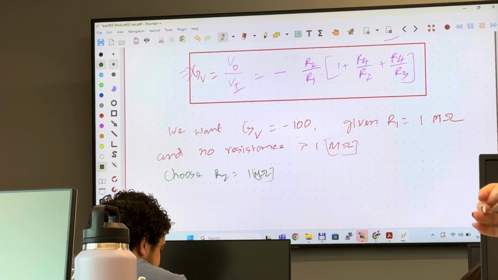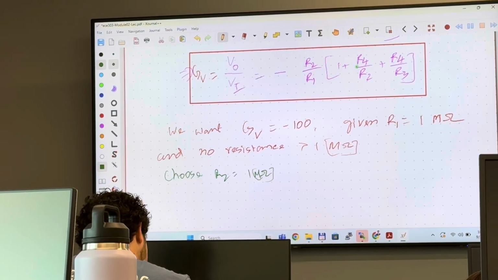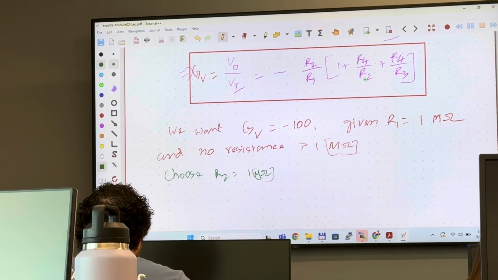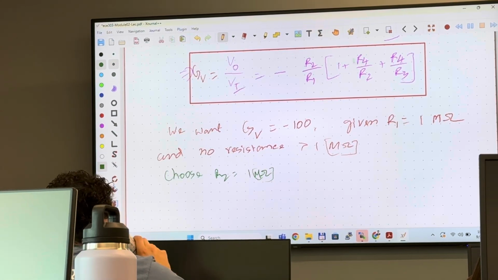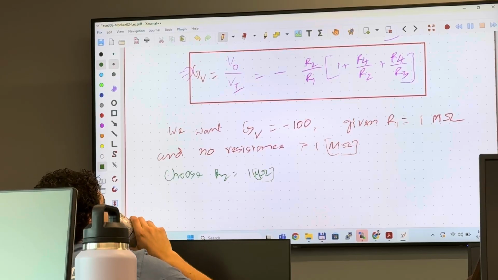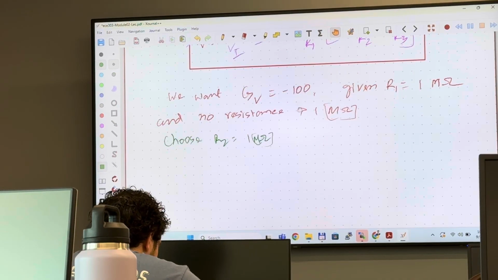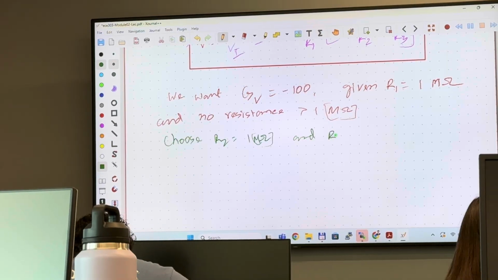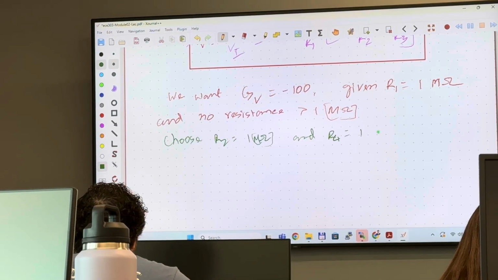This factor maximum can be 1. You cannot choose more than 1 mega ohm, so maximum you can get this term to be 1. So you already chose R2 1 mega ohm. Let's maximize this term to be 1. So for it to give us 1, we chose R2 equals 1 mega ohm and R4 equals 1 mega ohm.